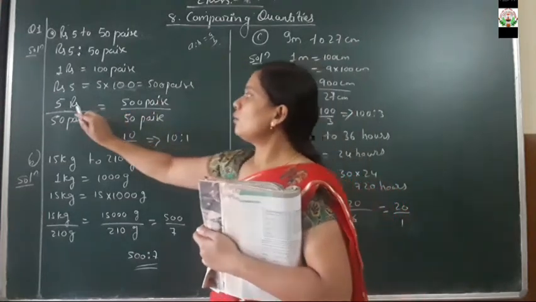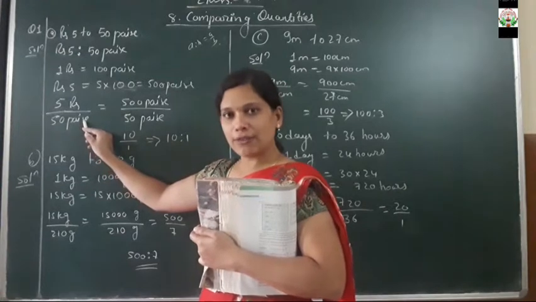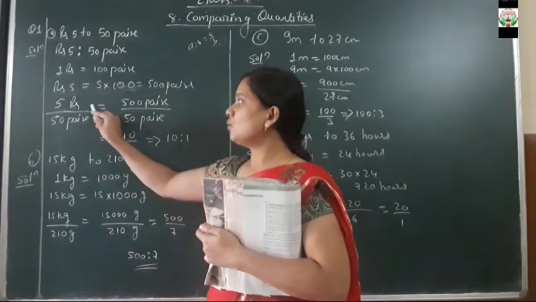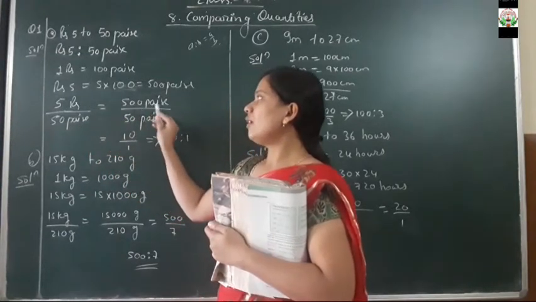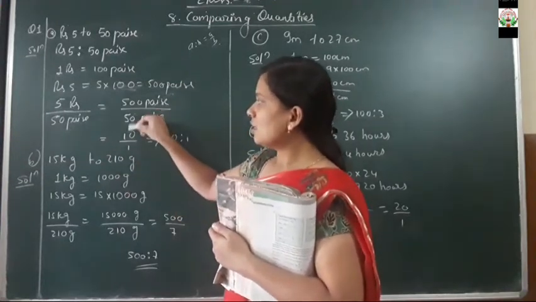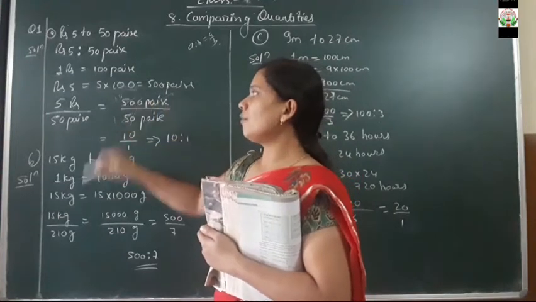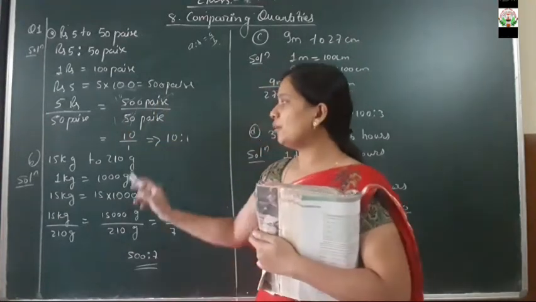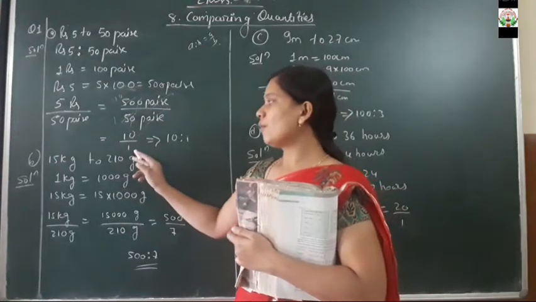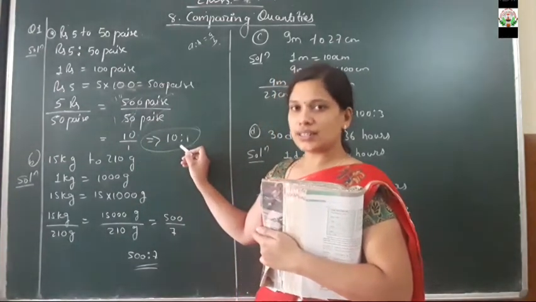Here we would write 5 rupees upon 50 paise, where the units are different. So we convert to the same unit: 500 paise upon 50 paise. Here paise will get cancelled, 0 will get cancelled, 5 ones are 5 and 5 tens are 50. So that is 10 upon 1, and the ratio we get is 10 is to 1.